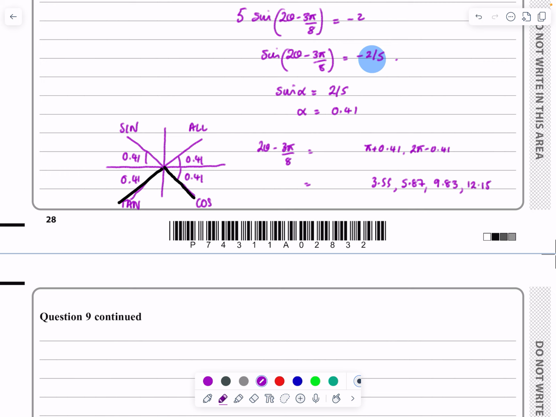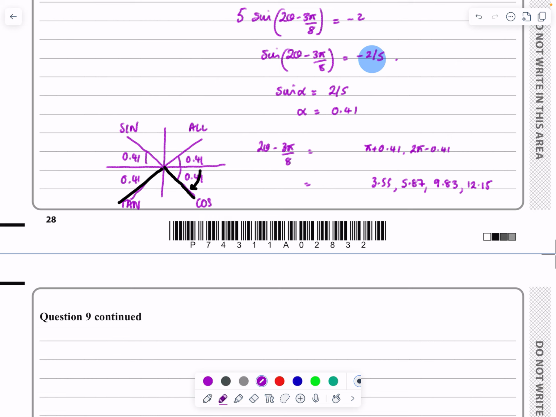So you might think, brilliant, we're on our way. There's our 4 answers here. But actually, only because I've done this question before, this angle here isn't just 2 pi minus 0.41. Another way of saying it would have been minus 0.41. So we've got to include that one as well when we're looking at it.